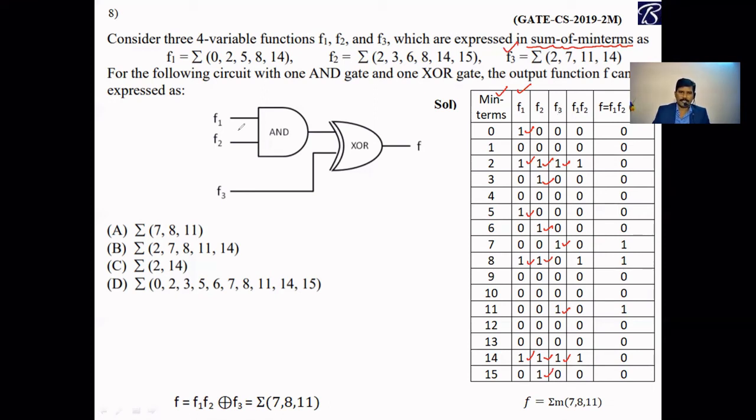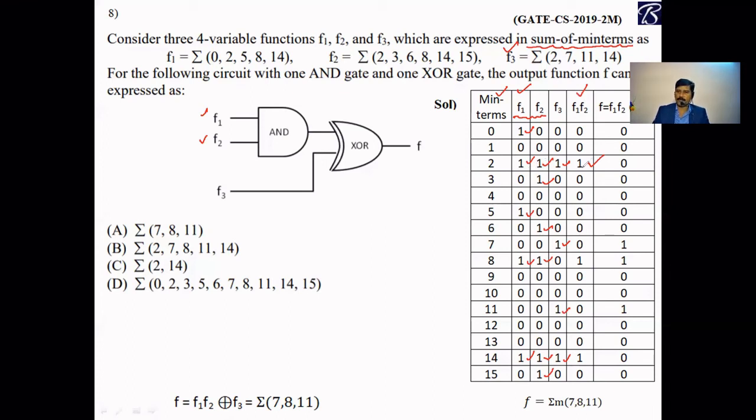Now first f1 and f2 AND operation we need to do. So f1 f2, how can we get the AND operation? For this f1 f2, both ones, that term becomes 1 here, because 1 into 0 is 0, 0 into 0 is 0, 1 into 1 is 1. So to get 1 here, both the functions should be 1.